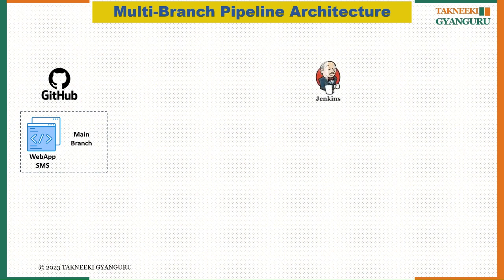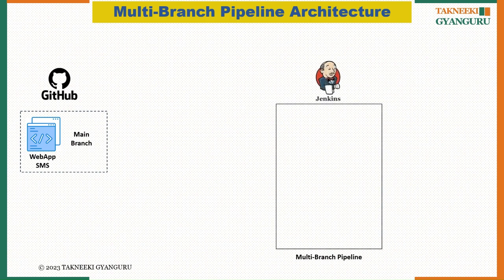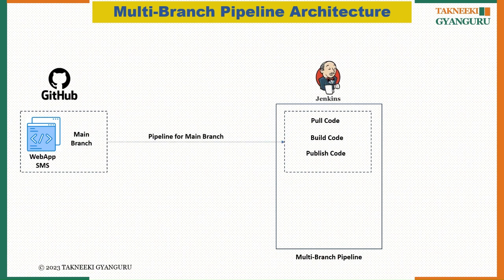Now in Jenkins, if I create a multi-branch pipeline, it should have pull, build code, and publish code for this web application. So it will create one pipeline for this main branch, and it will automatically pull, build, and publish code using the Jenkins file we will create inside the main branch.